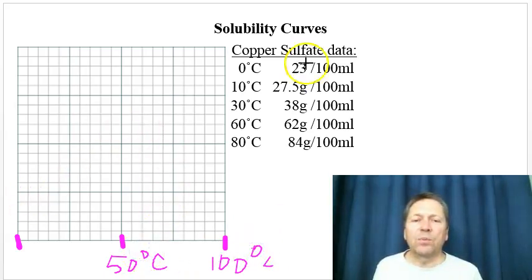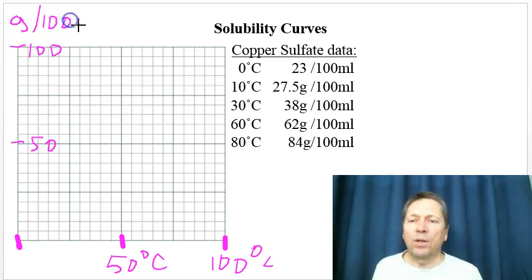And then we've got the solubility, which seems to go from 23 to 84, so I'll put 50 and 100. And the units are grams per 100 milliliters.